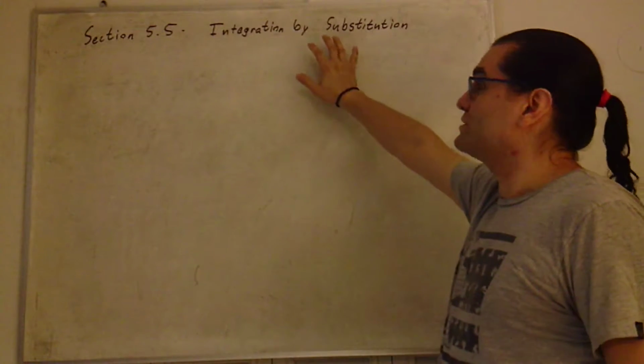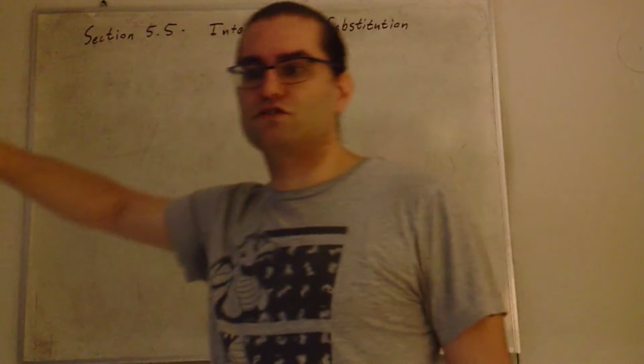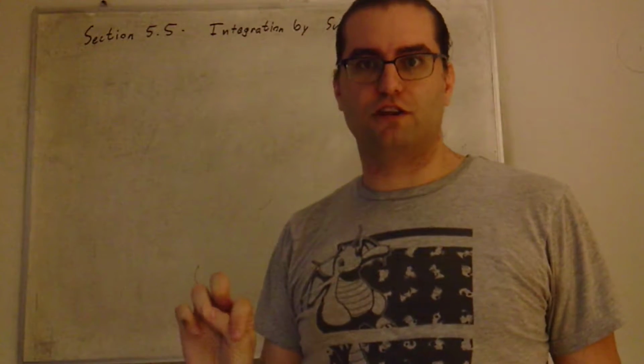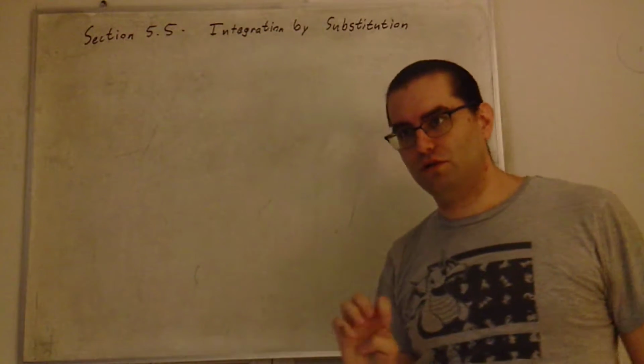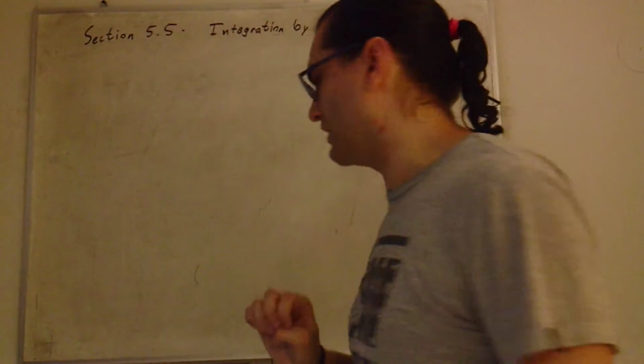So integration by substitution is sort of like the antiderivative version of the chain rule. So let's do a little bit of review so that comment makes sense in context.